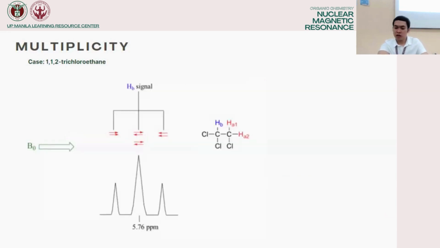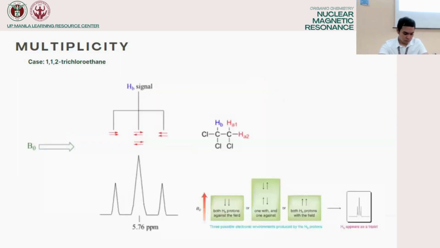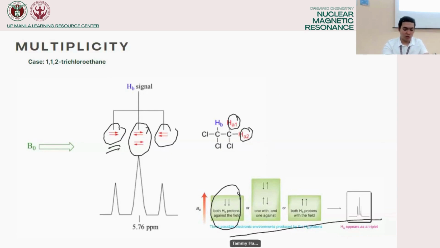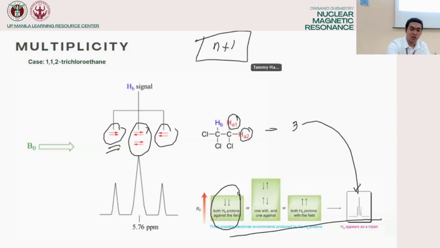What if there are three? What happens is you have protons in the same field. Two can be different and then they can be the same. It will become a triplet. If we apply n+1, this is what you should always remember. You have your HB. How many HA do you have? Two. These are your neighbors.